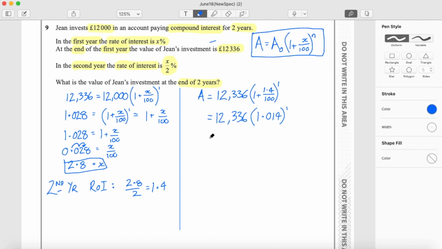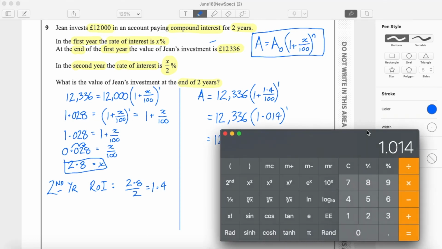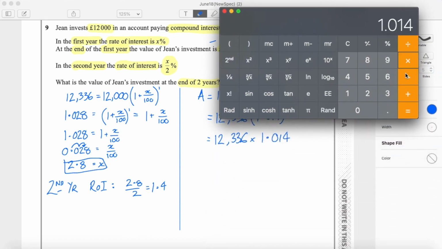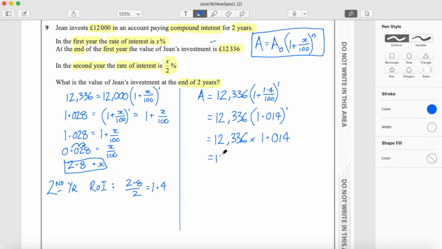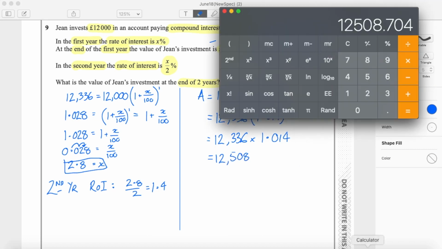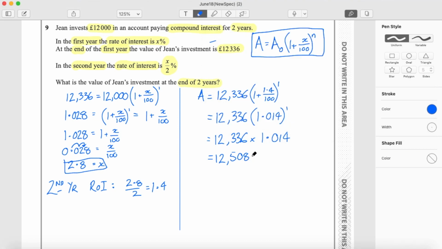All to the power 1, so it just remains as 1.014. So we have 12,336 times 1.014, and that gives us an answer of 12,508.704.